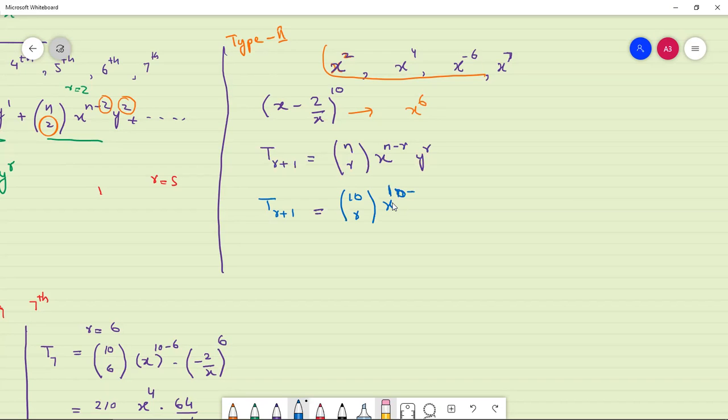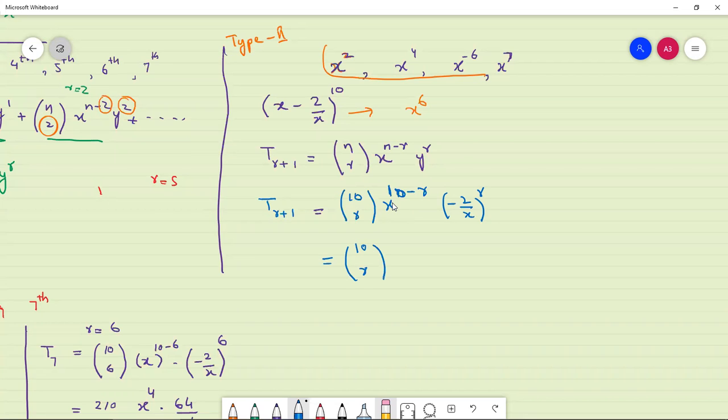So put a 10 minus r here, and y is minus 2 by x, and this is r, so put r here. Then simplify it further. How can we simplify it further?